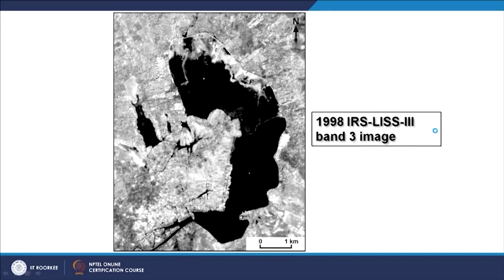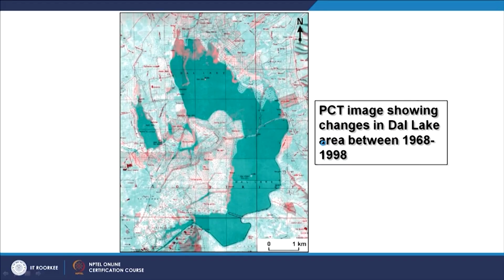In order to detect the changes which occurred between 1968 and 1998, we took this satellite image of IRS LISS-3, this band 3 image, and then, using the color space concept, or the pseudo color transform image concept, we prepared a new product which had the map as well as the image. The map belongs to 1968 and the image belongs to 1998.